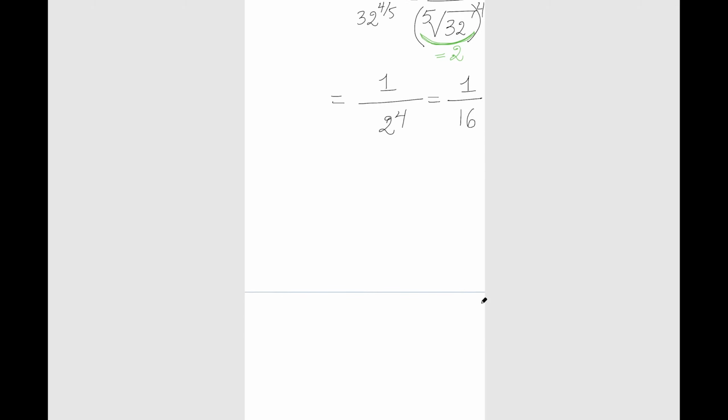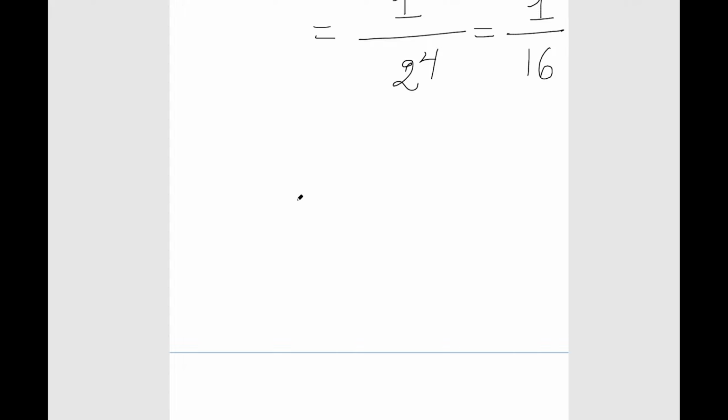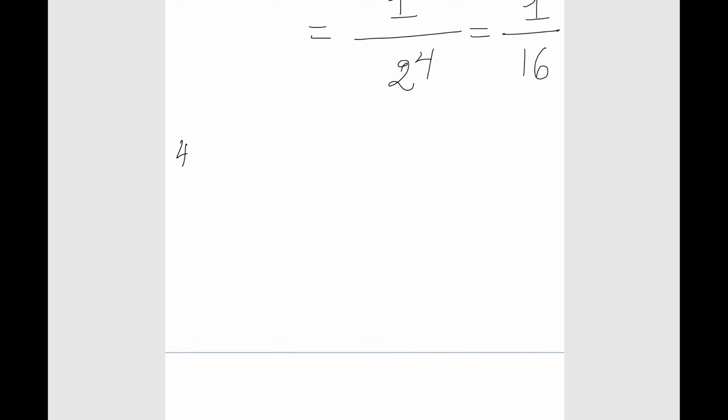How about 48? So 48 is 8 divided by 125, to the power negative 1 over 3.